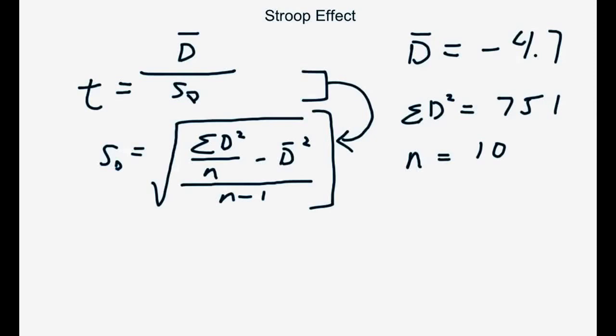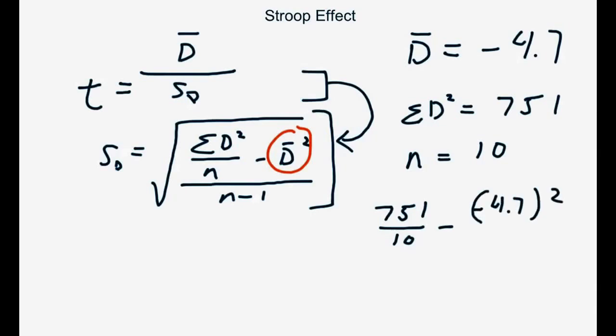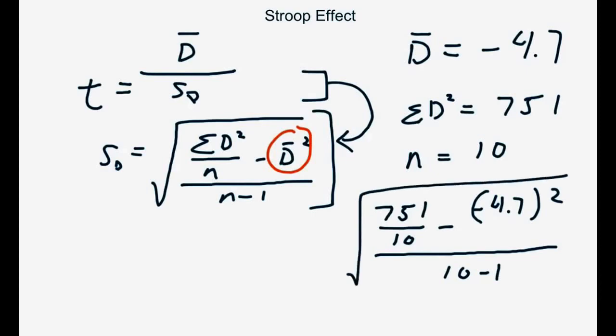To do that, let's first calculate our standard error of the difference. We're going to take the sum of d squared, 751, divided by n, which was 10, minus the mean of d squared, and the mean of d was -4.7, but we're going to have to square that, and then we divide that whole thing by 10 minus 1, and take the square root of it.